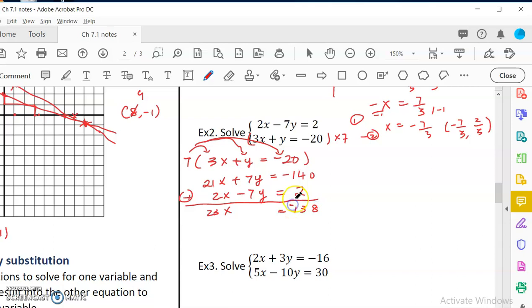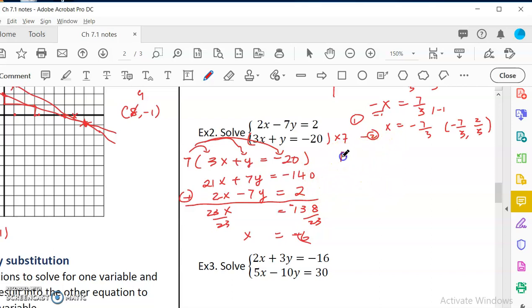And then divided by 23, what do I have? X is equal to -138 divided by 23, and that's negative 6. And then where is y?